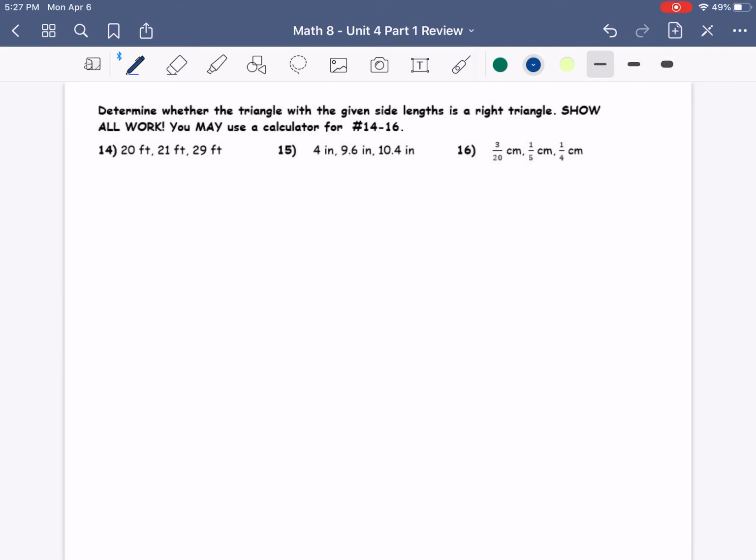Okay, so we are determining whether the given side lengths create a right triangle. So again, we are still using the Pythagorean theorem, a squared plus b squared equals c squared. Remember the important piece on here, identify c, and the c value is always the largest number. It doesn't matter which ones I label A and B. And remember, what I'm trying to do is see if this gives me a true statement.